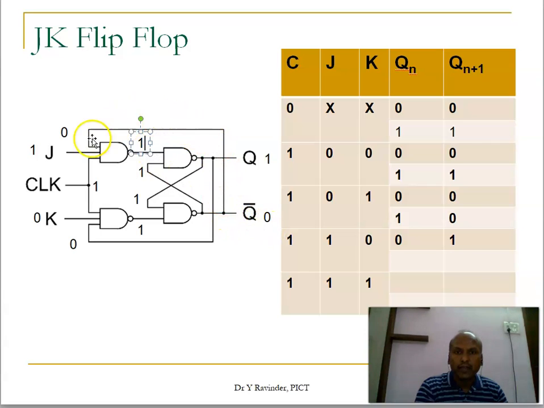This 0 will make this 1, and this 0 will make this 1, and this 1 will be 1, but still K is 0, this will be 1, and this is 0, this will be 1.